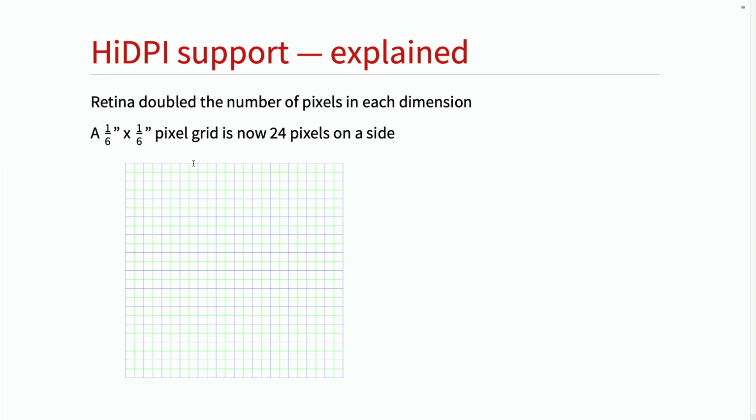So one of the big things that happened a few years ago was in the world of Apple machines, where they released what they called their Retina technology. And Retina was literally a pixel doubling, or doubling in each dimension. There are 4 times as many pixels, but twice as many in each dimension.